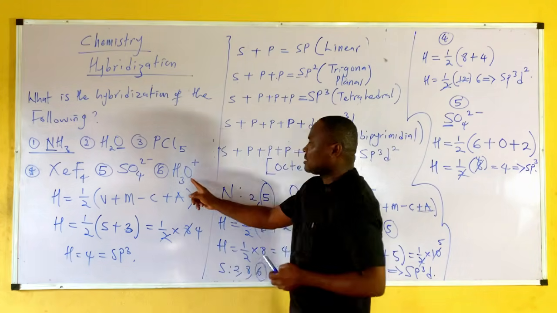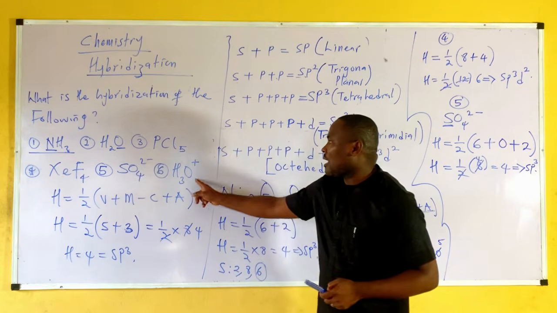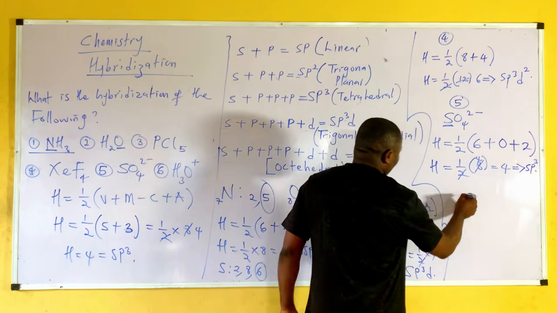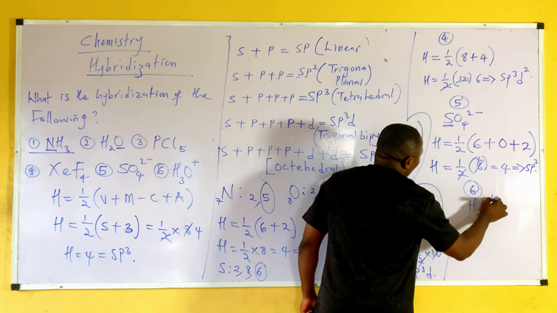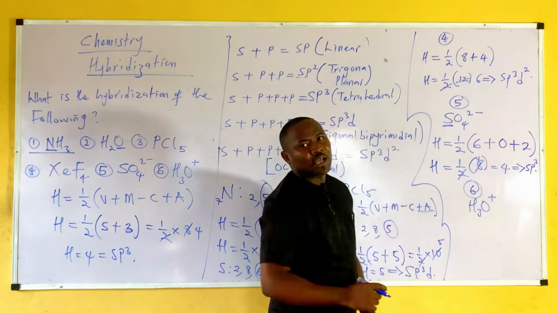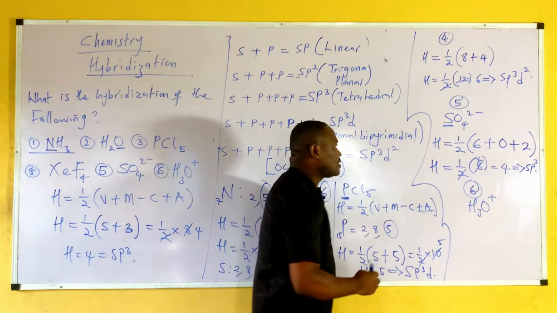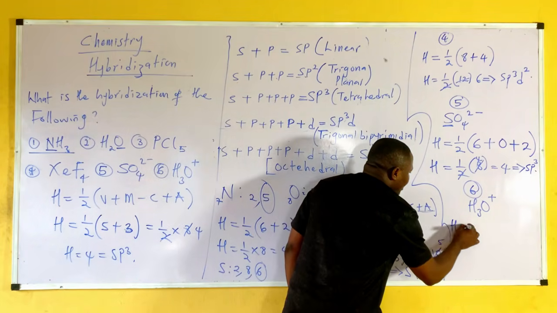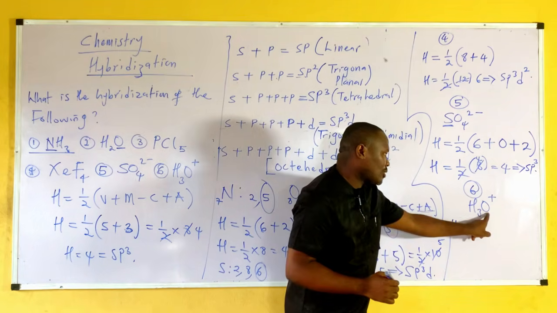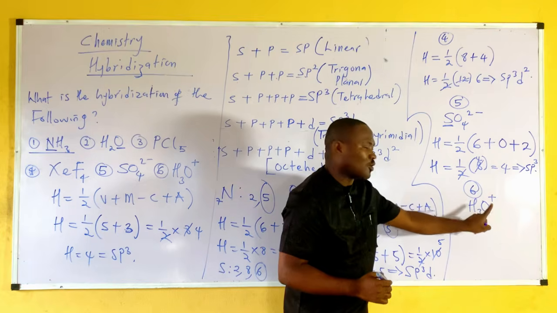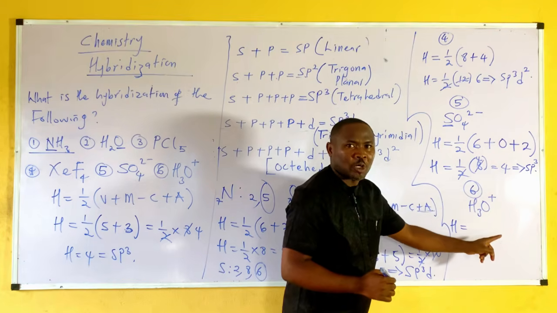Now let's look at the last on my list. I have it as number 6, which is H3O plus, the hydronium ion. How can this be solved? The same way. H is equal to, now what is the centralized atom? Oxygen is the centralized atom. Hydrogen is surrounding oxygen.